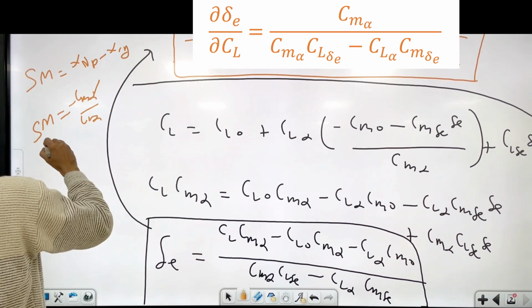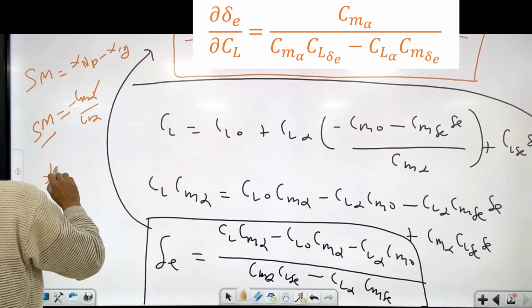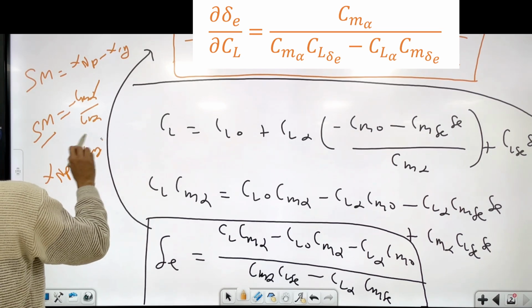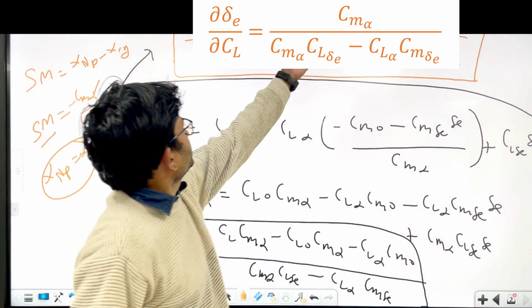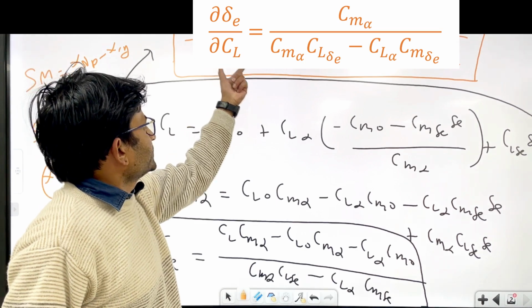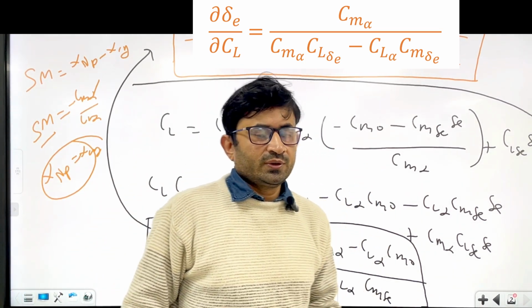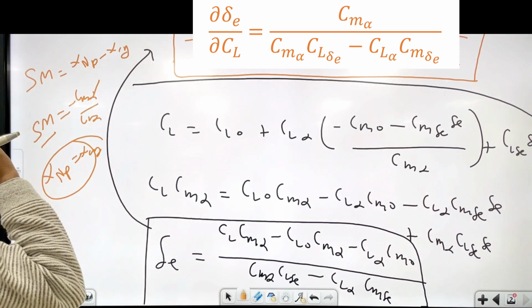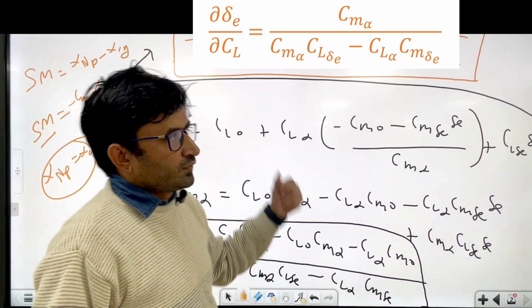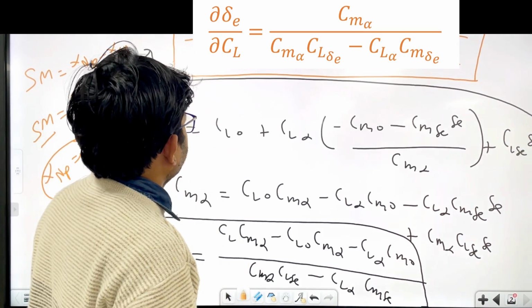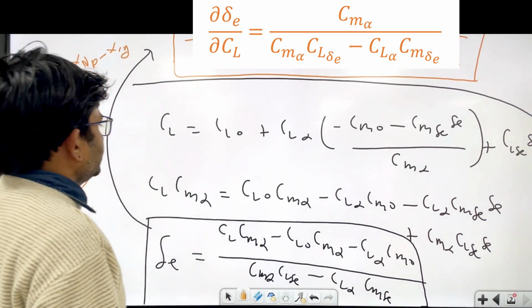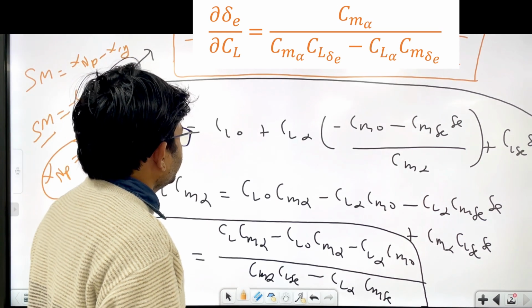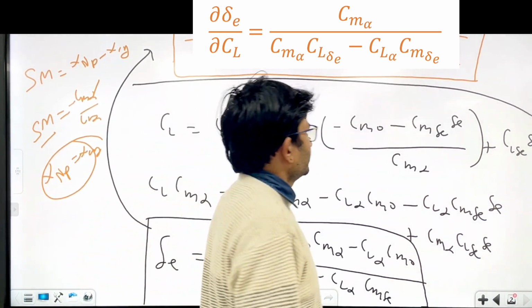So if Cm alpha is 0, static margin will be 0 and xnp will be xcg. So when Cm alpha is 0, dou delta E by dou Cl will be 0. That is the part we have to remember, and that will give you an idea of what we are going to do next.